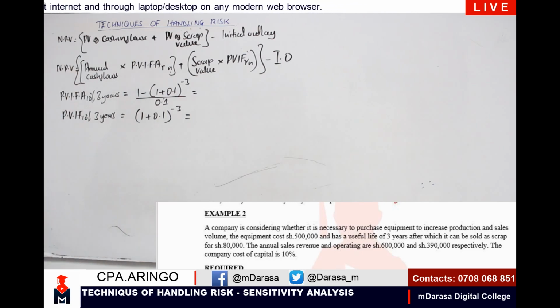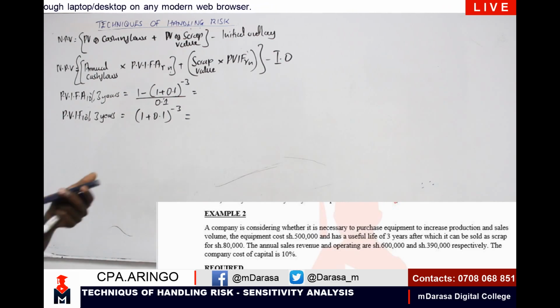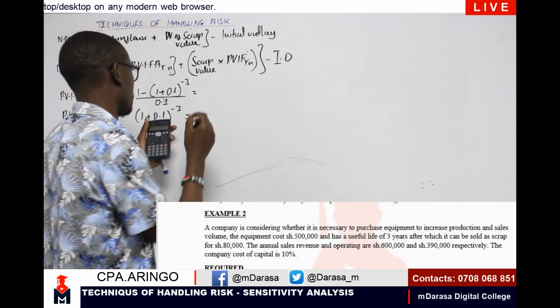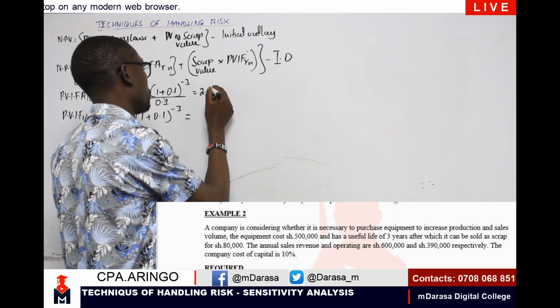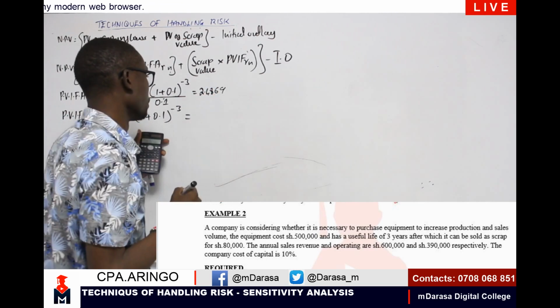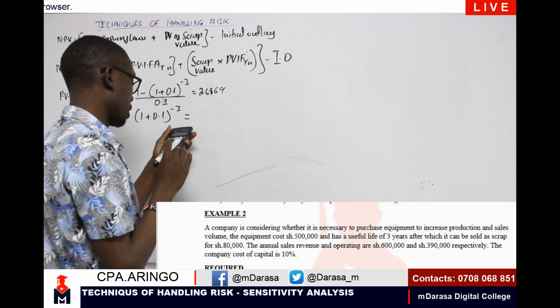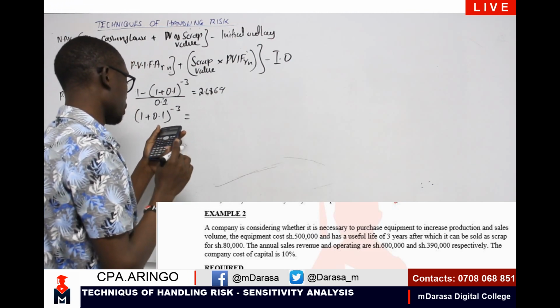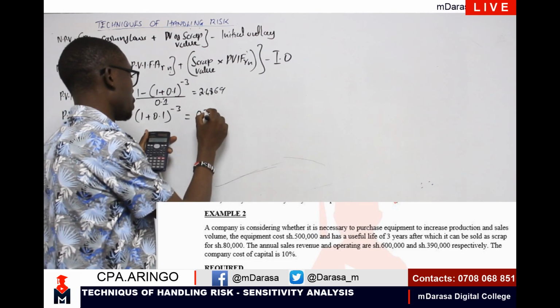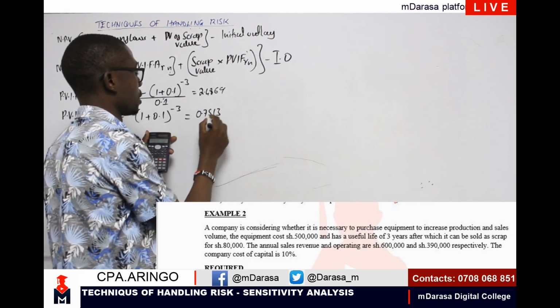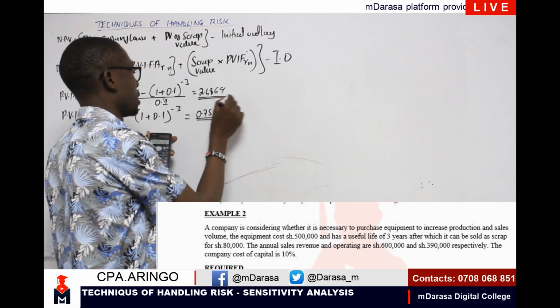So Mwalimu here is getting 2.4869. Kindly you can confirm with your figures. The other one I'm getting 1.1 raised to negative 3, 0.7513. So I've determined our factors here.